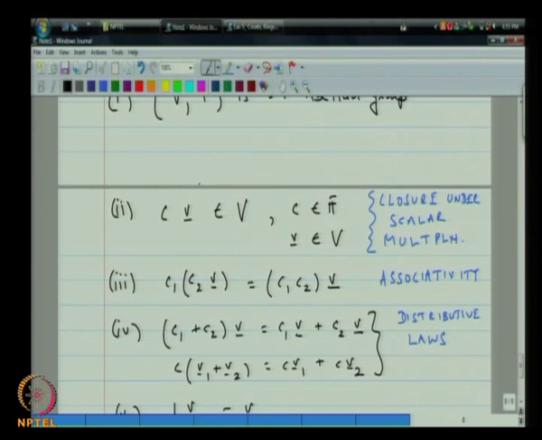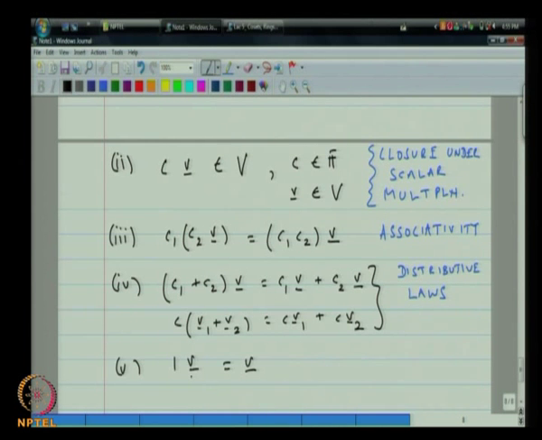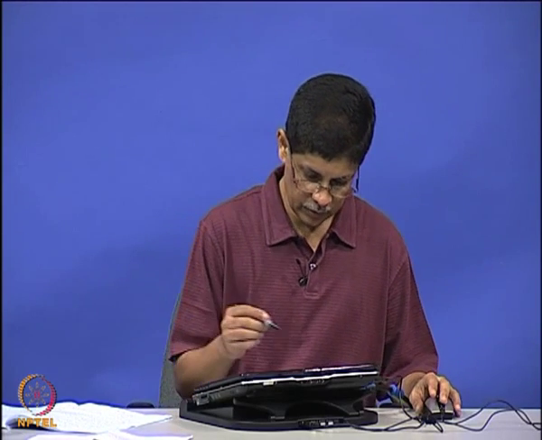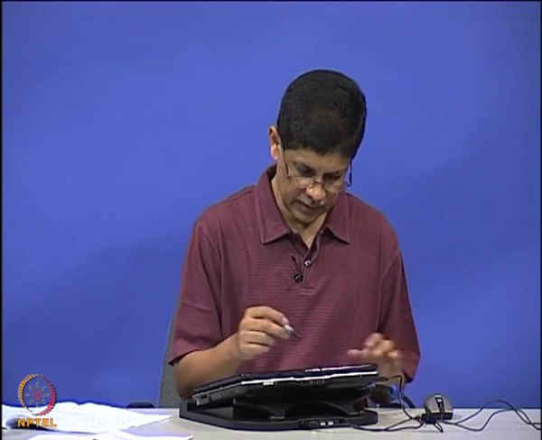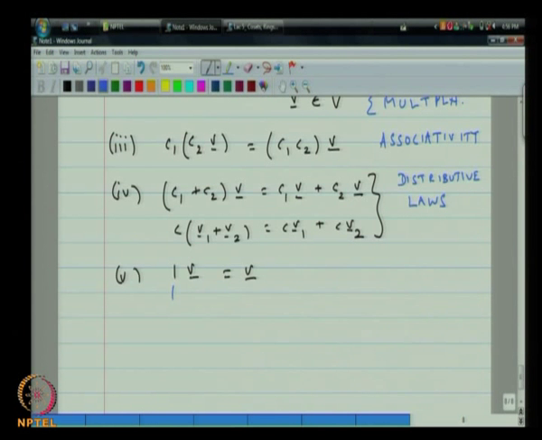All these axioms 2, 3, 4 and 5 are telling you how the scalars interact with the vectors. So, two is telling you that if you multiply a scalar and a vector, then you will get a vector. This multiplication is associative, it is distributive, and if you take the identity element in the field, because we know that the scalars form a field, so there is a multiplicative identity, and multiply it into a vector, then that vector will remain unchanged. Okay. So, it is worth just pointing out here that this is the multiplicative identity.